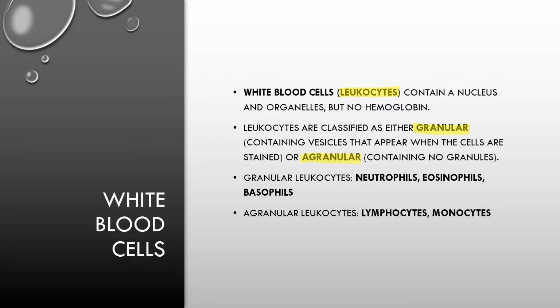This depends on whether they contain these very conspicuous chemical-filled cytoplasmic granules or vesicles that are made visible by staining when they're viewed through a light microscope. So granular leukocytes have these very visible vesicles, whereas agranular leukocytes don't have these granules.